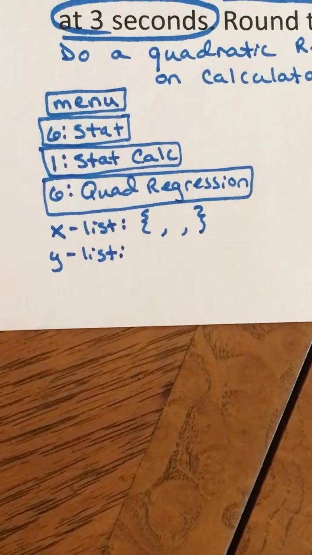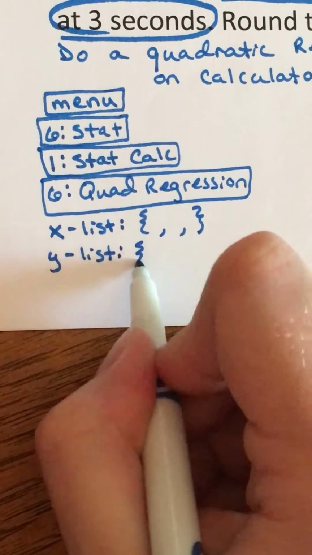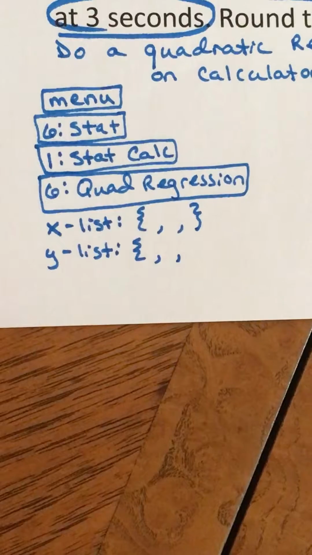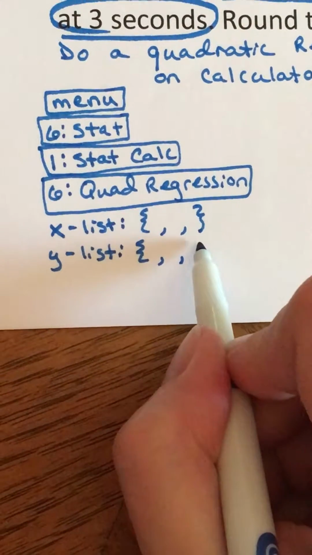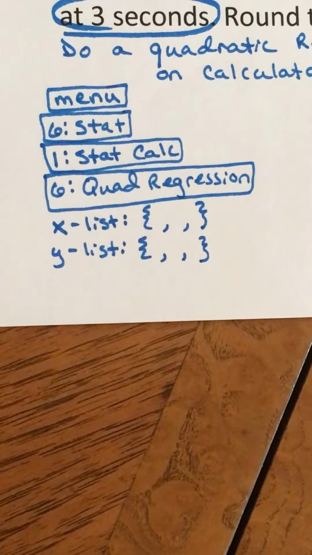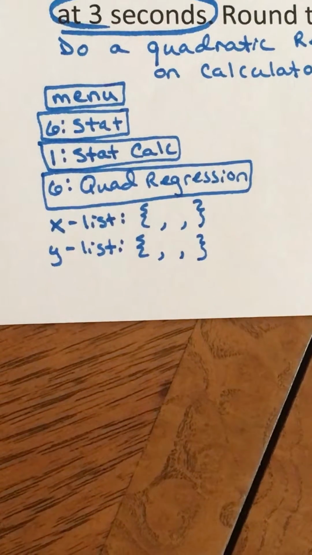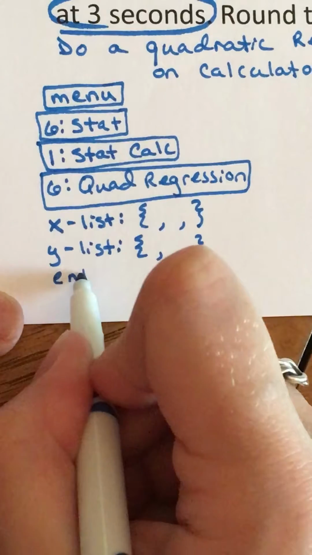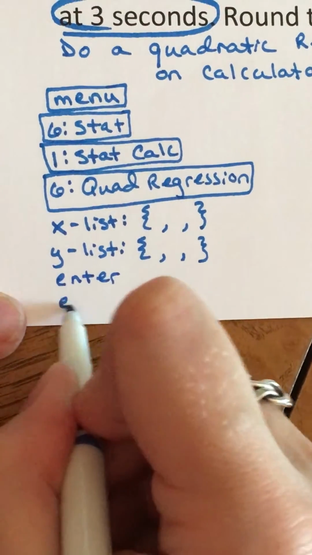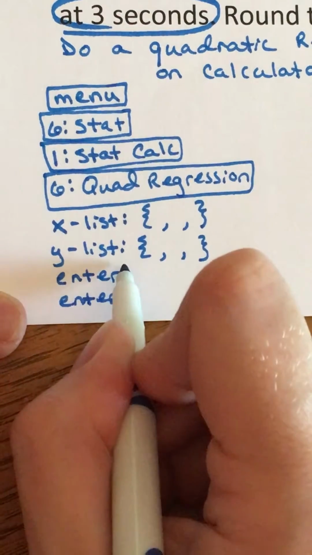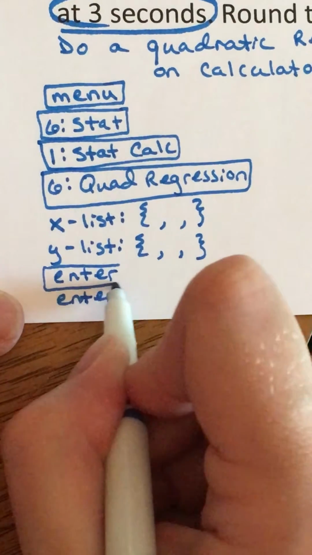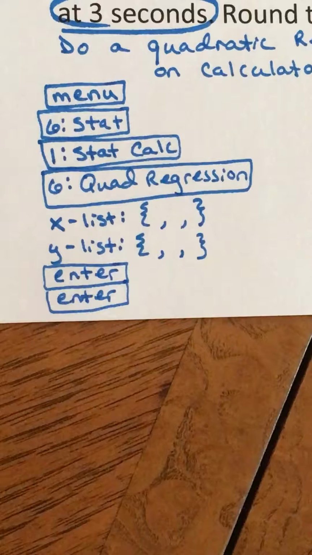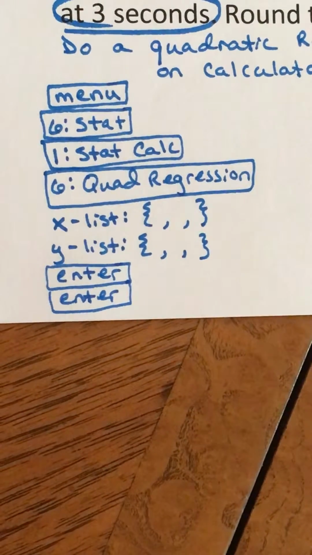You again open that with squiggly wiggly braces, put commas in between each number, and then close it with squiggly wiggly braces. After that, you push Enter 2 times. And after you do that, I am going to teach you how to read the information, because it's now given you the answer. You just have to learn how to use it.